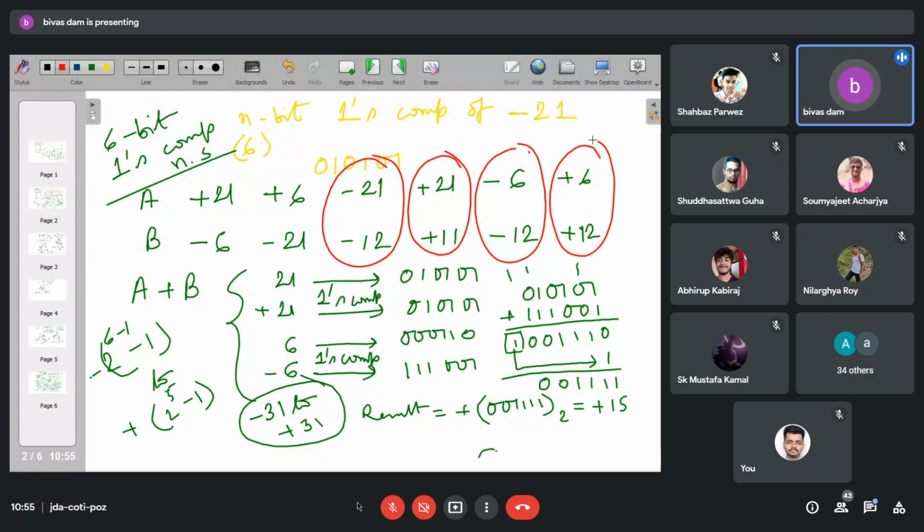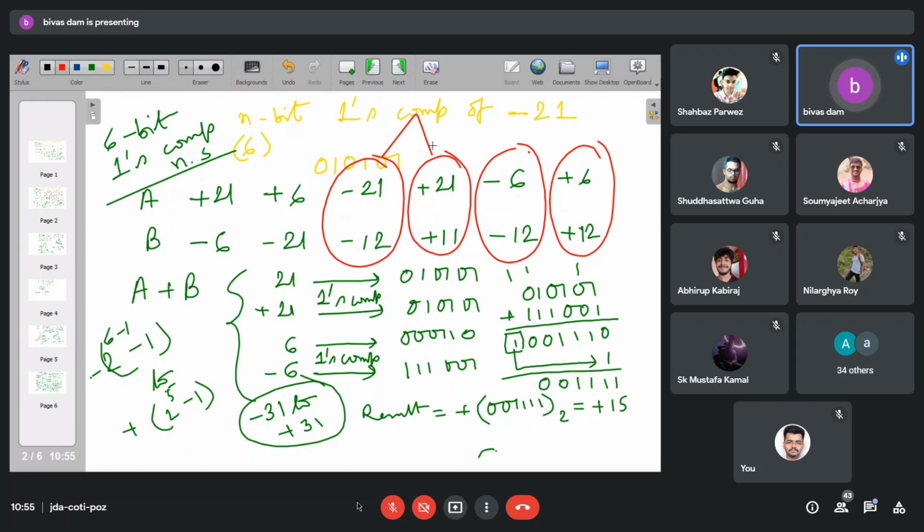There you have not encountered overflow, but in these two cases you have. So there may or may not be overflow.